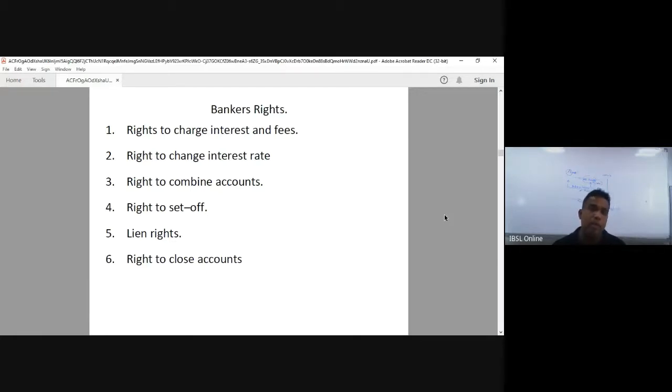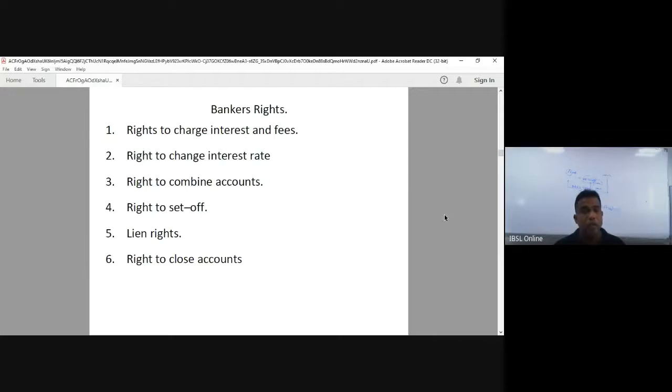What do you mean by reasonable notice? Reasonable notice means the bank has to give a reasonable time period to the customer before you close the account. For example, if the bank decides to close the account of a customer, you can't do it overnight. You can't say that immediately we are closing your account.